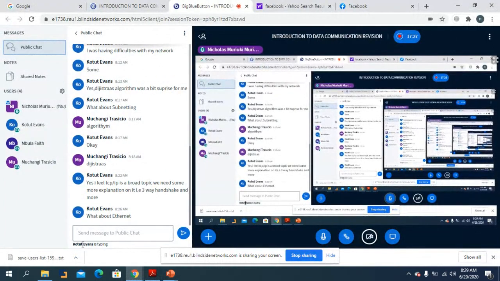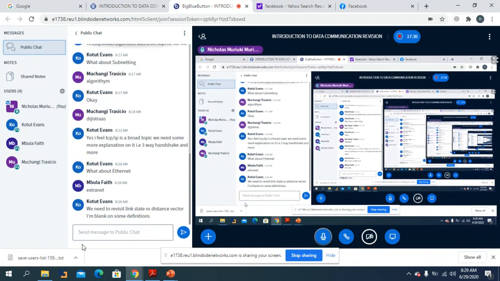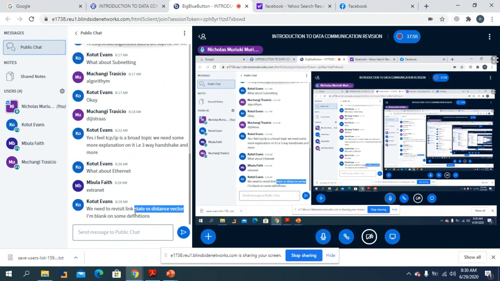I'm waiting for others, maybe Faith, Mushangi. That is about networking. So we need to revisit link state versus distance vectors. These are the mostly used in network communication. Okay, so I'll still cover that.